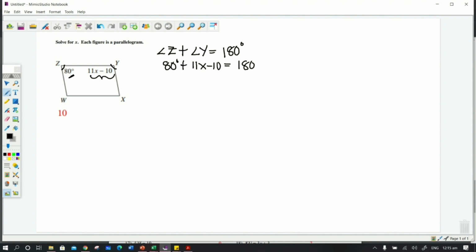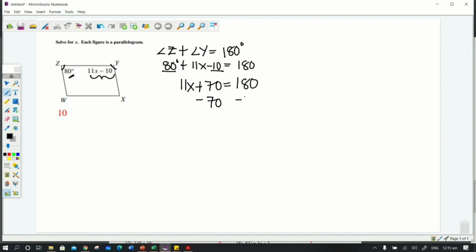So we combine similar terms. 80 minus 10, we have 11x plus 70 is equal to 180. Then we simplify the equation. We're going to subtract both sides of the equation by 70, so we need to isolate the value of x to the left.